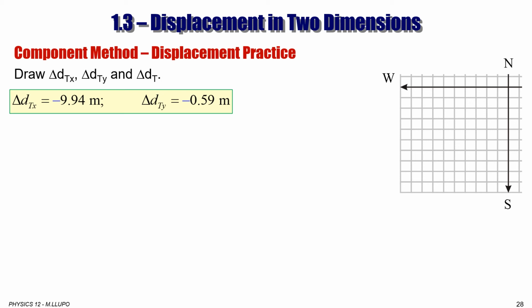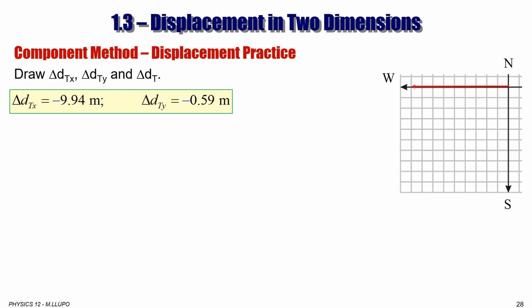Even if you make a mistake when you did those calculations, or make mistakes when you do the calculation later, that drawing will give you an idea of the expected direction and magnitude of those two components of the vector delta d total.